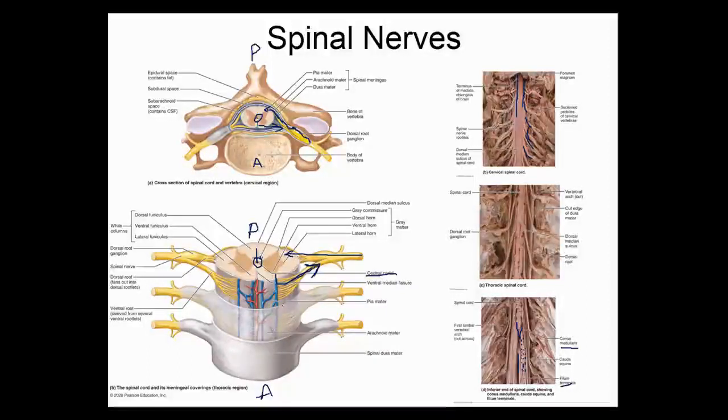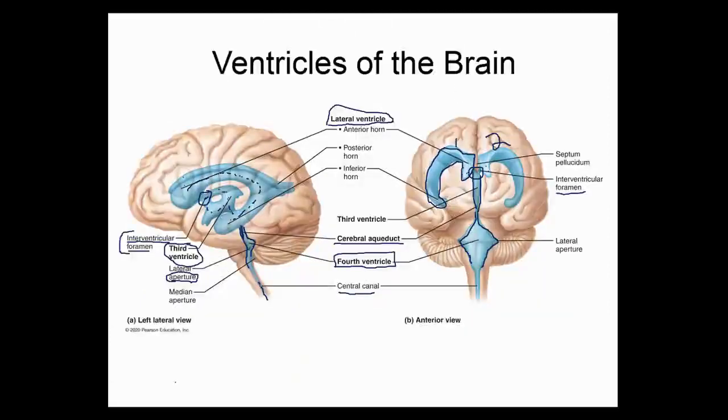So it's encased here between the pia and the arachnoid mater. So within this layer here, we have cerebrospinal fluid, and as well a little bit on the interior there. So it creates that encompassing effect.